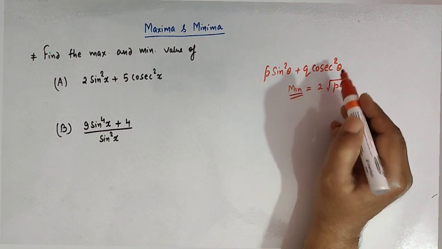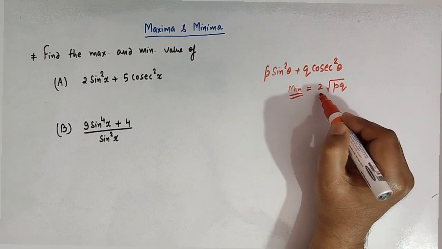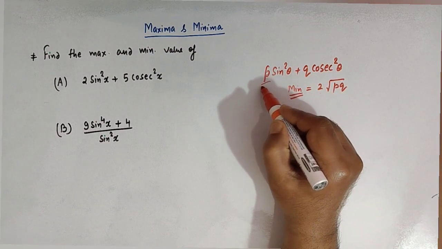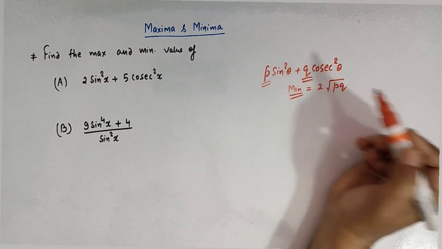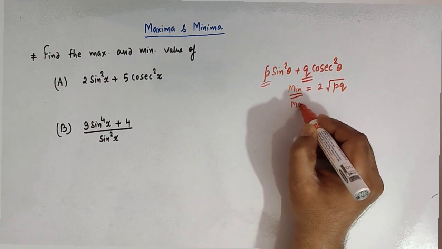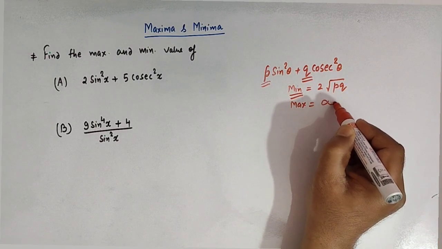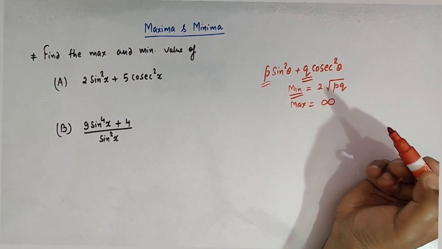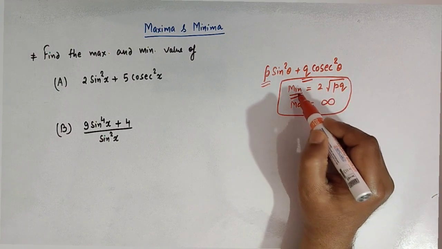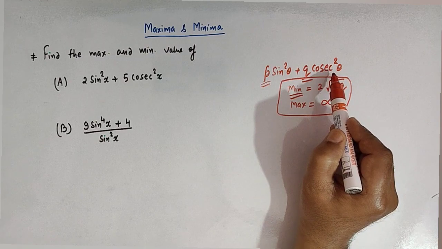So the minimum value of this type of expression can be written directly as 2 times square root of the product of this number p and this number q, right? And the maximum value of this type of expression is infinite, right? So this is an important result regarding the maximum and minimum value of this type of expression, right?